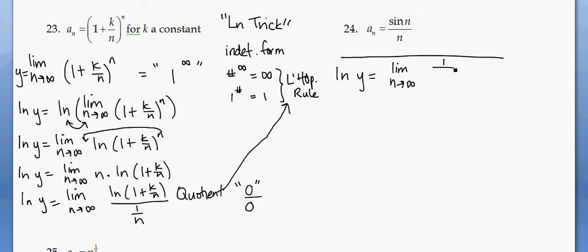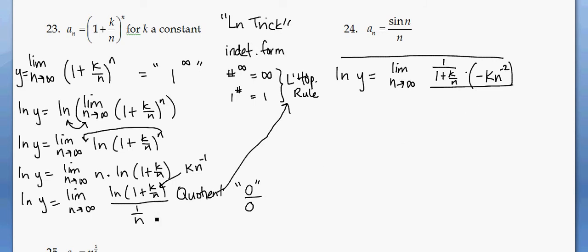So that's 1 over 1 plus k over n times the derivative of 1 plus k over n. Now the derivative of 1 is 0, and the derivative of k over n, the way you want to be thinking about that is that's just some coefficient times n to the negative 1 power. So its derivative is just negative k n to the negative 2. That's the derivative of the numerator.